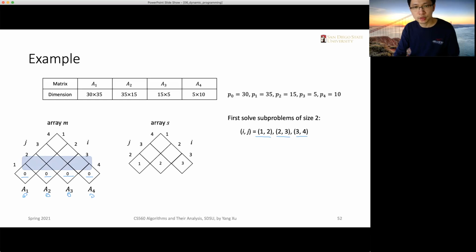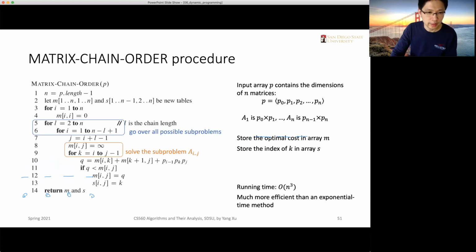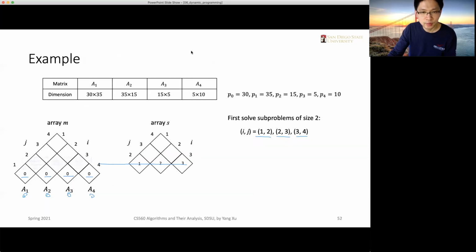Following the formula within the code, we use this formula to compute the cost. The first subproblem that we solve is M12.